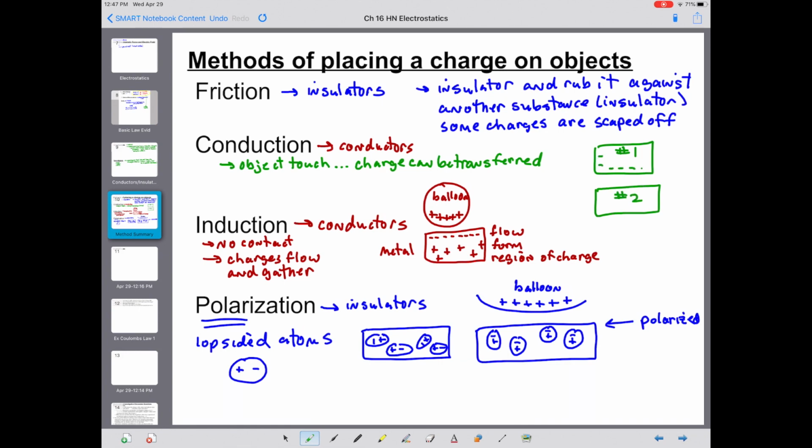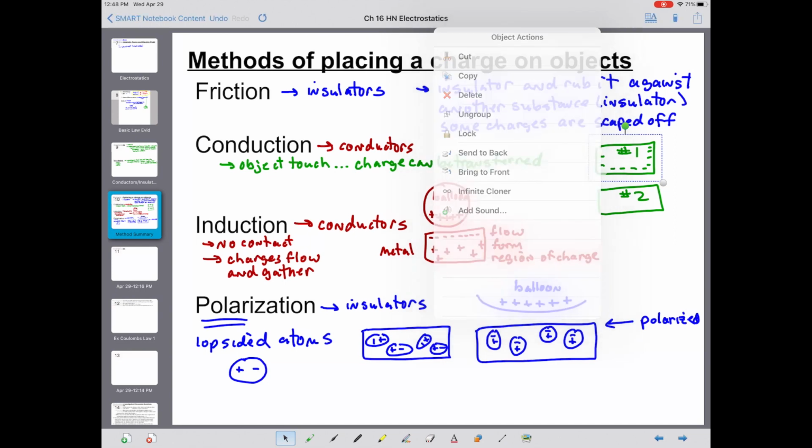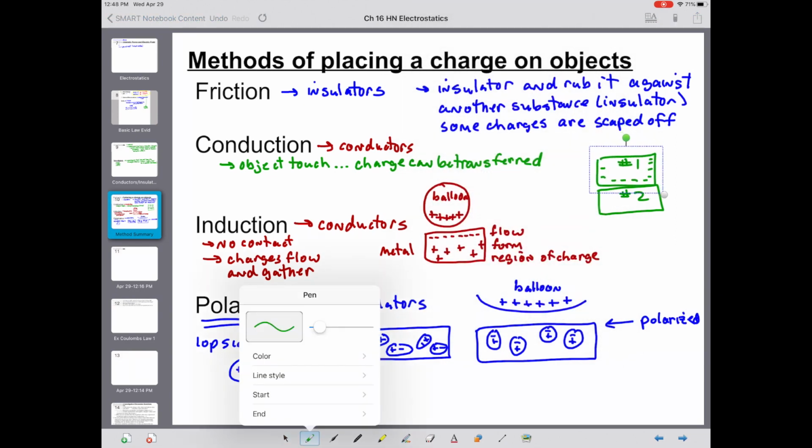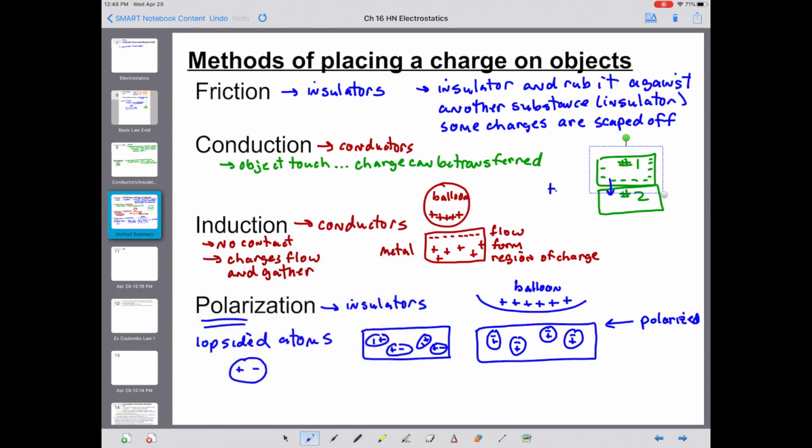If object number 1 has a negative charge, and then I bring object number 2 and 1 together and I touch them, what's going to happen here is that charges will transfer. And I will end up with some of those negative charges then moving over here to my second object. They won't all go there. Some of them will, and you will kind of balance the amount of charges on the objects.